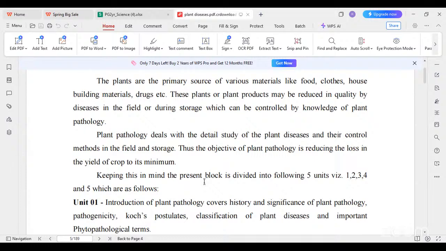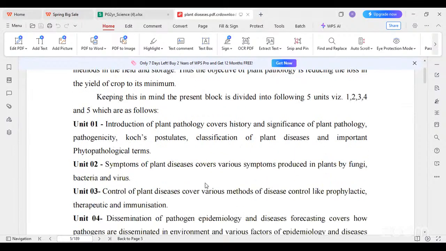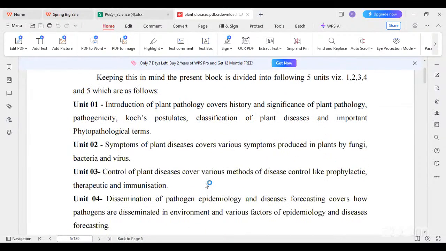Keeping this in mind, the present block is divided into the following 5 units. The first one is the introduction of plant pathology, which covers history and significance of plant pathology, pathogenicity postulates, classification of plant diseases, and importance of plant pathological terms.